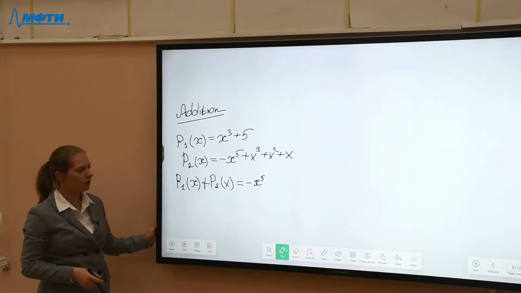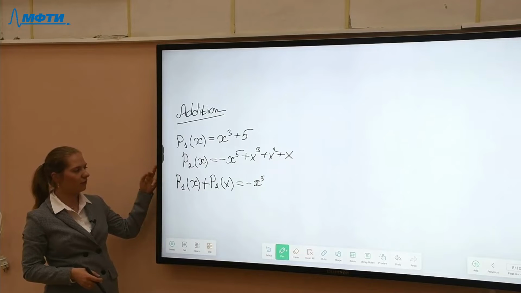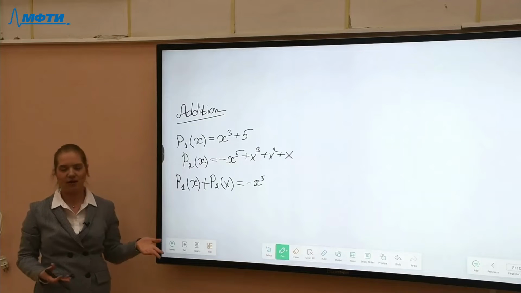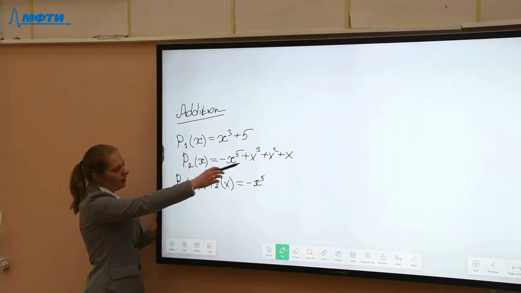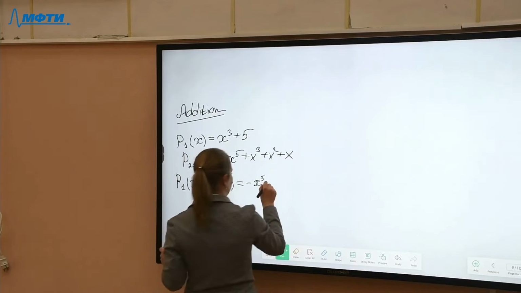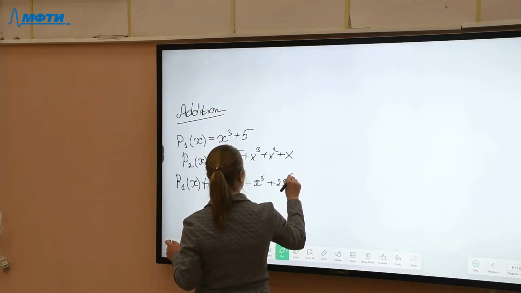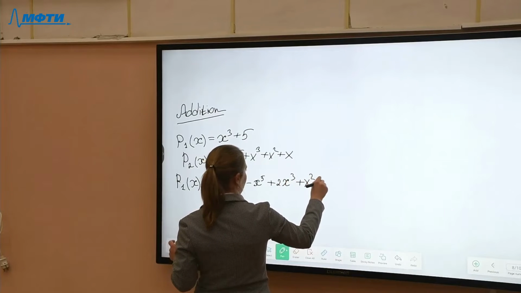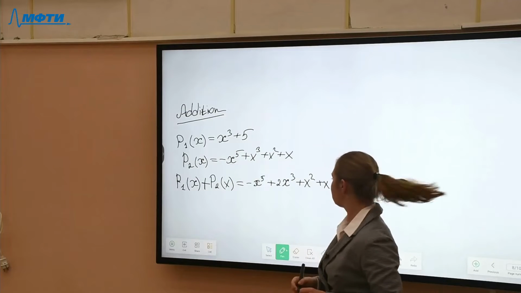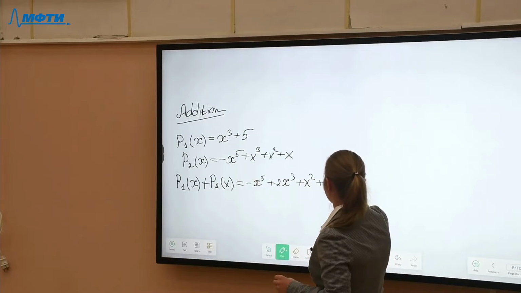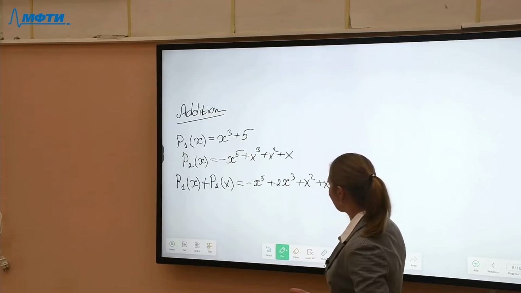Then the coefficients of x to the power of 4 here and here are 0, so this is 0. Then x cubed, 1 plus 1 is 2. Then x squared, and then x. Oh, yeah, plus 5. Thank you.